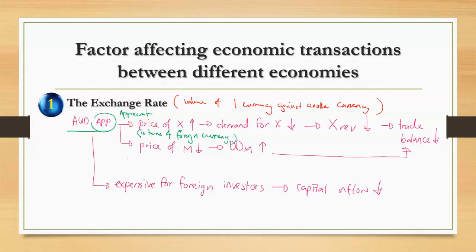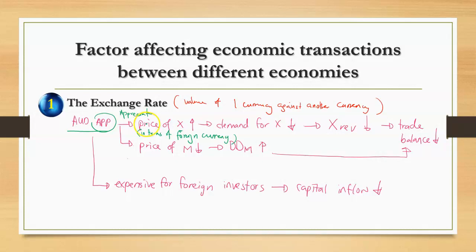Because of that, generally demand for Australian exports will be lower, because your trading partners, your foreign customers, your overseas customers, would have varieties to choose from. They can choose to buy from another country. So for products that have many choices, consumers may choose to buy from a cheaper source.